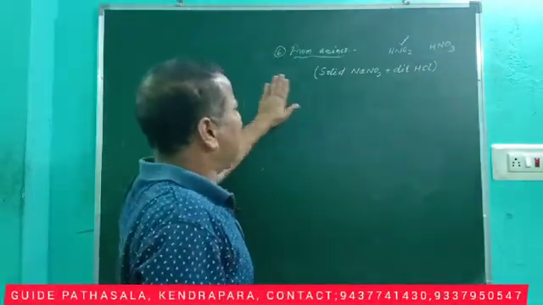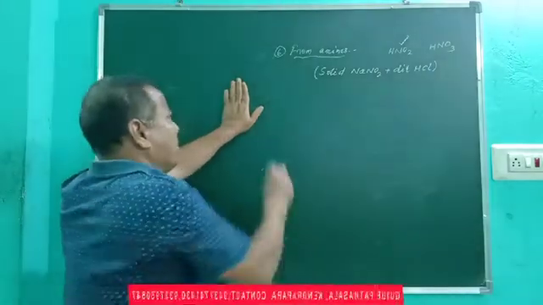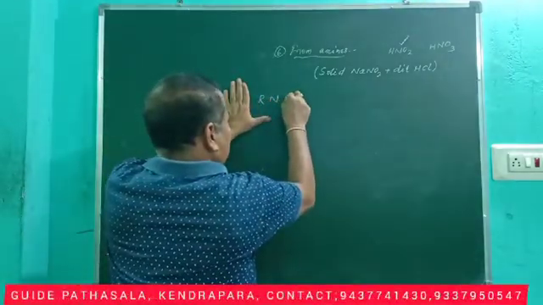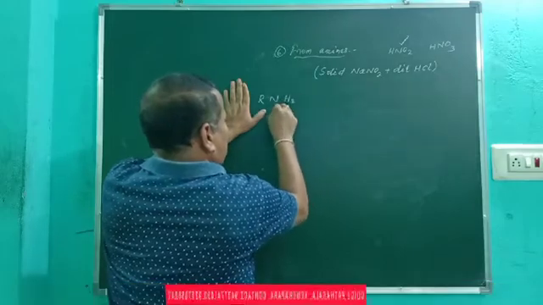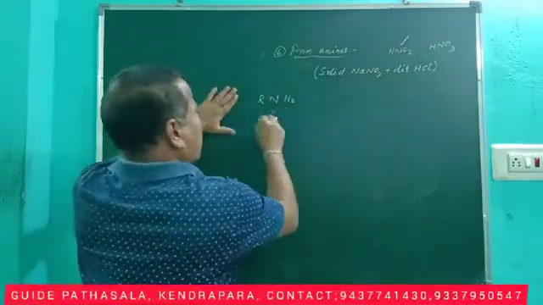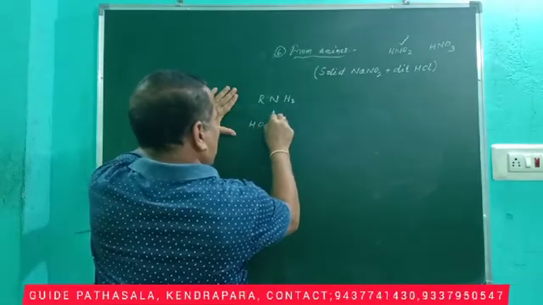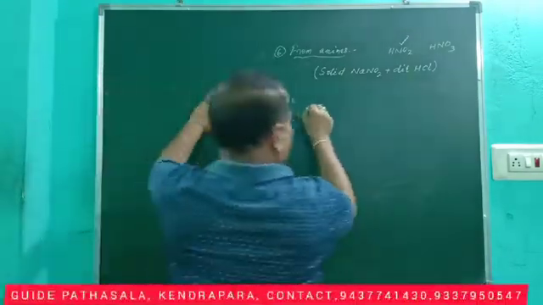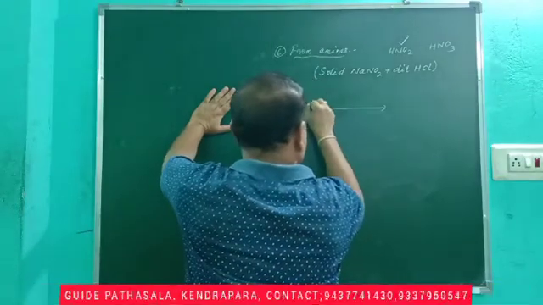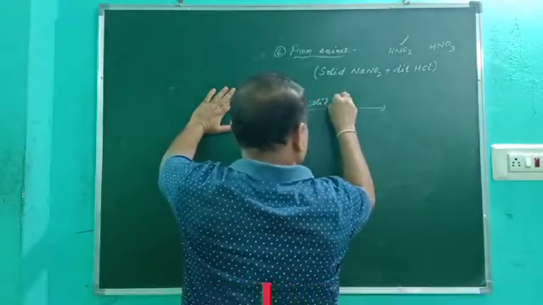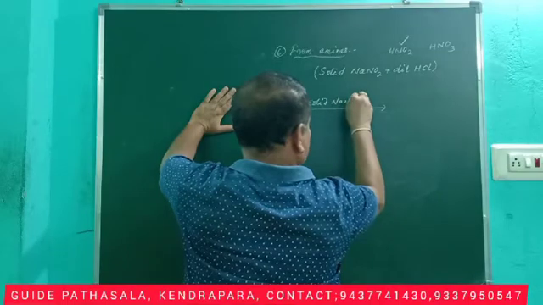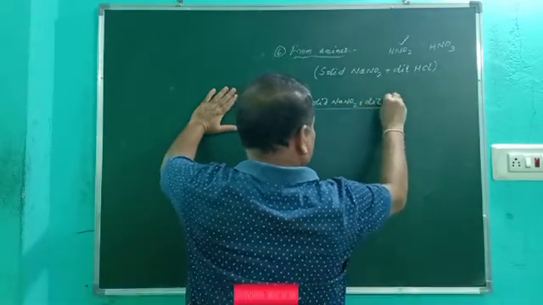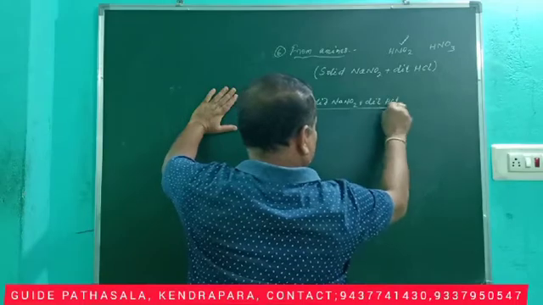So when a primary amine is treated with nitrous acid, the primary amine is RNH2 and nitrous acid is HNO2, which can be written as HONO, prepared from solid NaNO2 plus dilute HCl.